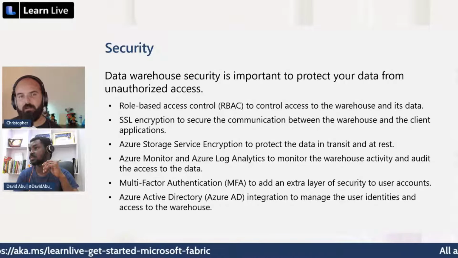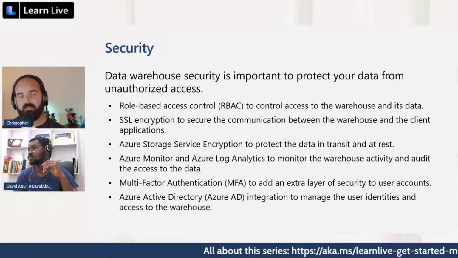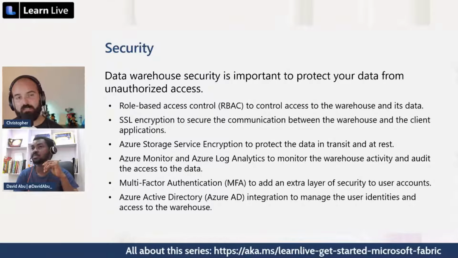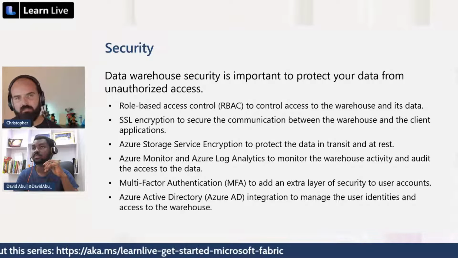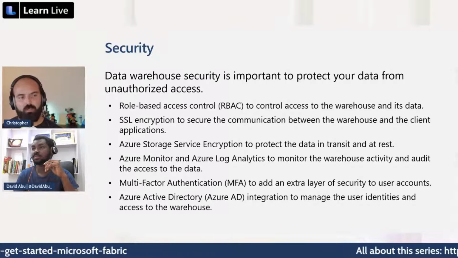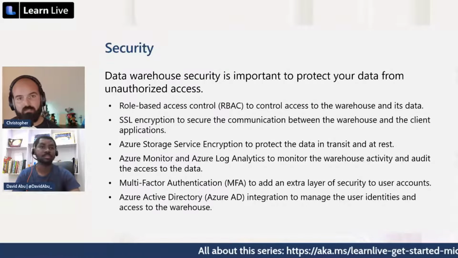entire workspace data. And coming up very soon, we announced column level security and row level security as well. Obviously, Microsoft Fabric runs on a Microsoft Cloud, so you have SSL encryption between the warehouse and the client applications.